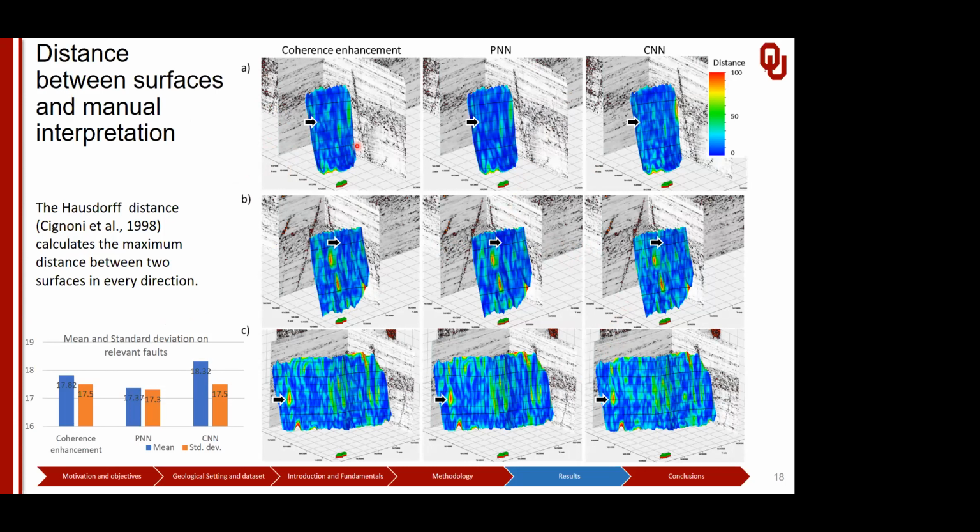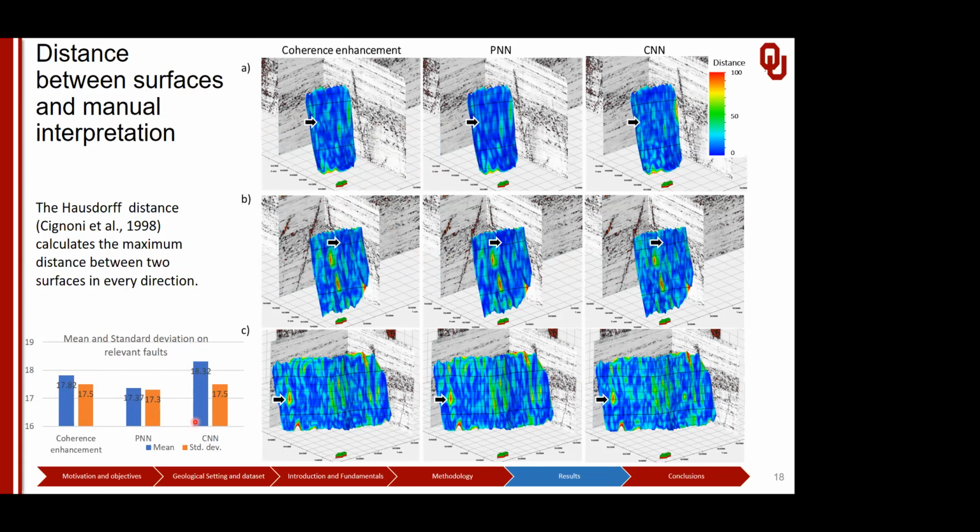Three faults inside the 3D volume are presented here. Blue are low values, and red are the maximum measured distances in the meshes. Basically, the highest value is 100 meters. The coherent enhancement mean distance, you can see in the table, is 17.8 meters, and the CNN mean distance is 18.3.